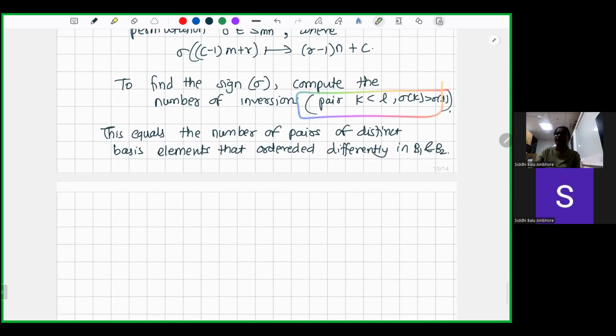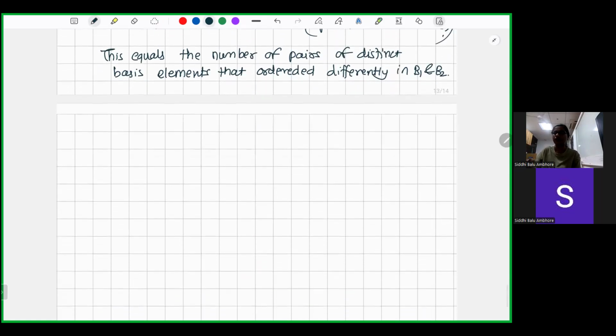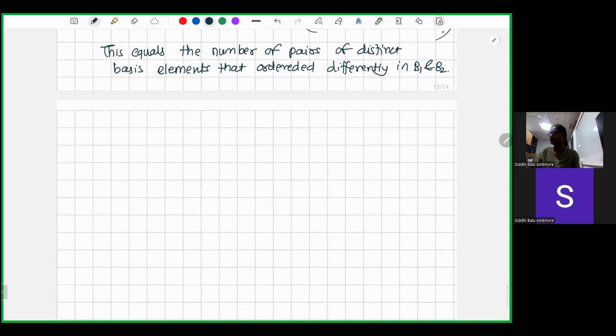It is understanding how disturbed sigma is in terms of order. If k is less than L, I am looking at whether sigma of k is greater than sigma of L. So how disoriented my sigma is, that's what we check when we look at inversions.